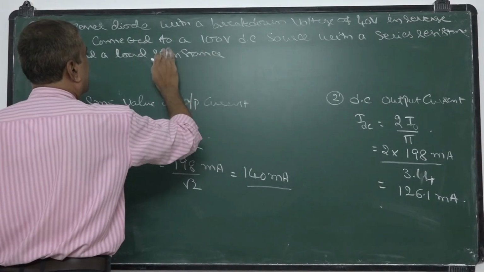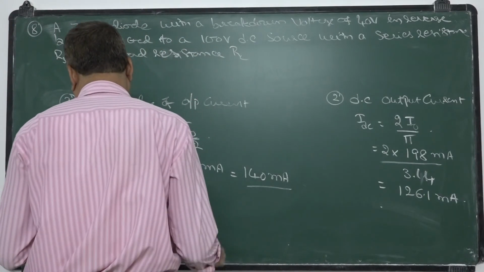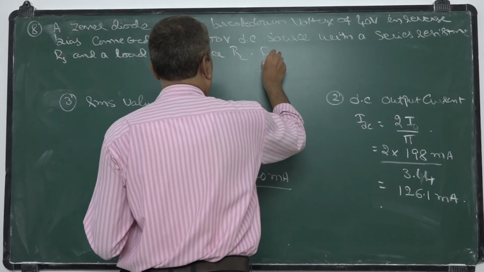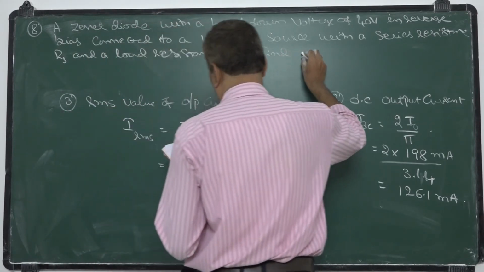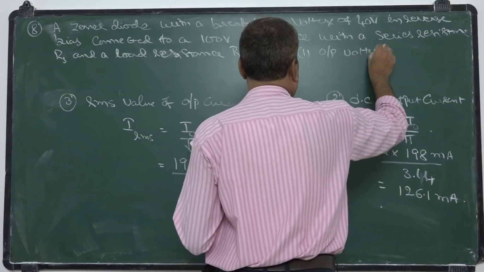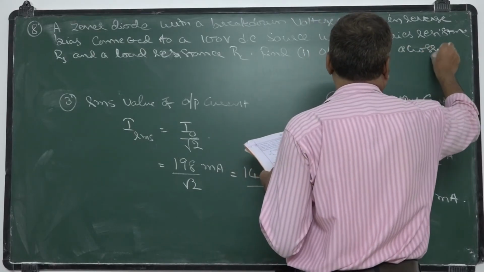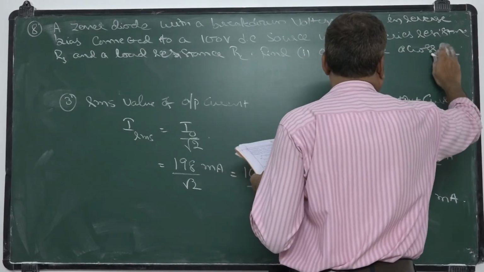Then find, one, output voltage across RL.